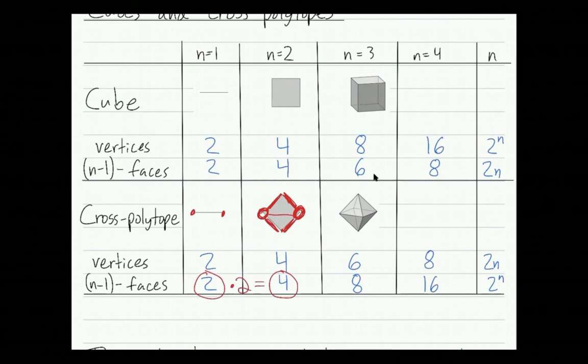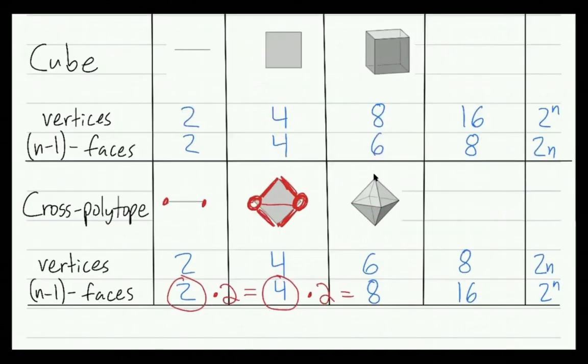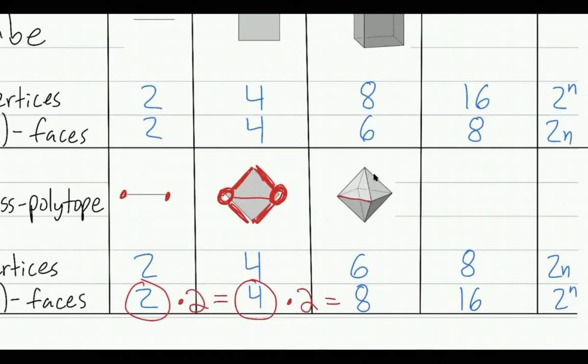So let's go from the diamond to the octahedron. The diamond has 4 1-dimensional faces, and I'm going to use that to argue that the octahedron should have 8 2-dimensional faces. So I want to do 4 times 2 is equal to 8. And the reason is going to be, let's draw my 4 1-dimensional faces of the diamond. 1, 2, 3, 4. And then I suspend.